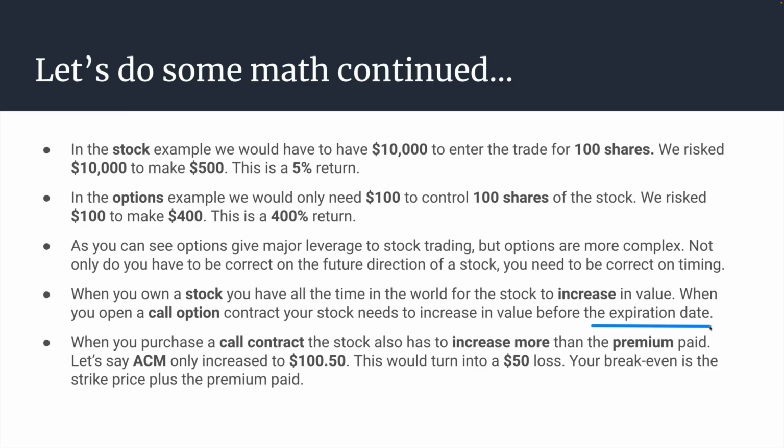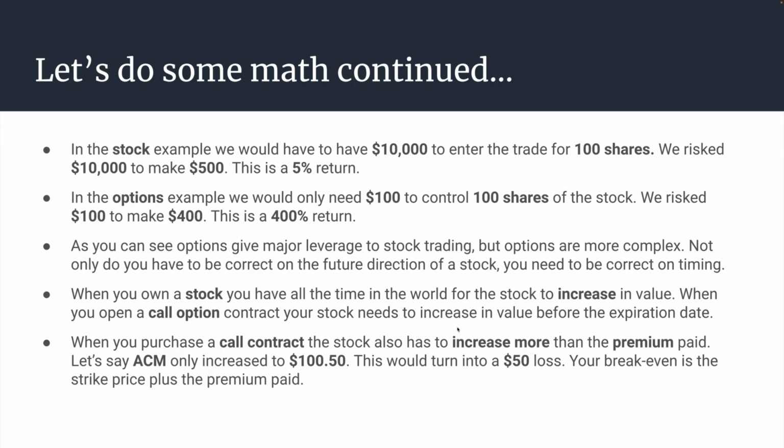When you're a seller of an option, the expiration date is your friend. You're really hoping that the stock does not move against you before the expiration. So sellers of options contracts typically have a tight expiration because they're hoping that the options contract will expire before the options contract becomes in the money and turns against them.